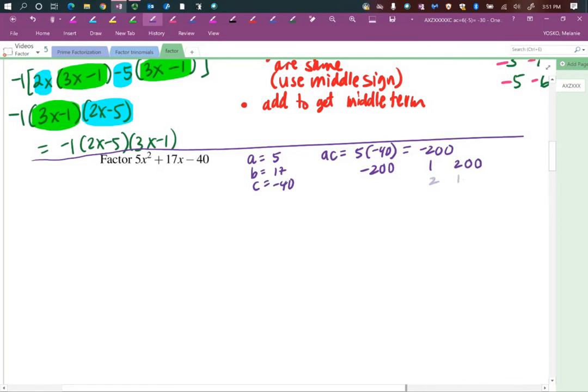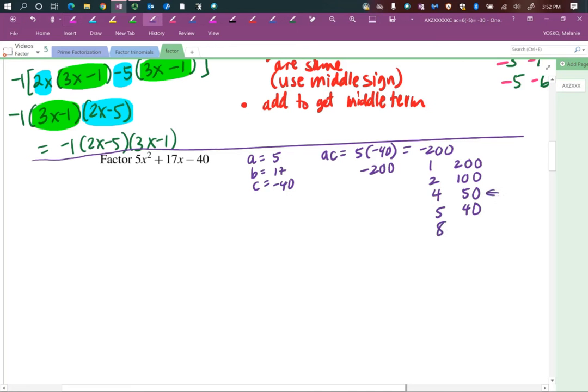1 and 200, 2 and 100, 3 doesn't go, 4 and 50, 5 and 40. 6 does not go and is not a factor because 3 is not a factor. Okay, 7 doesn't go either. We know 8 is a factor because 4 times 50 is. If we double 4, we get 8.